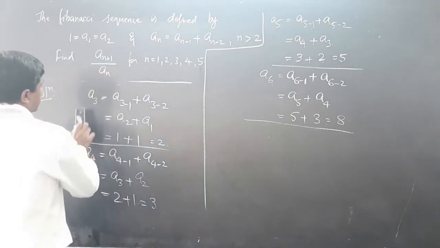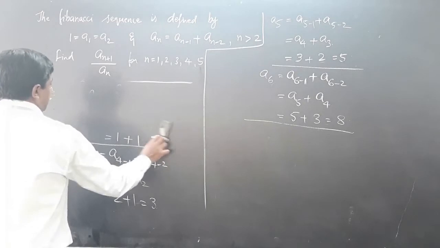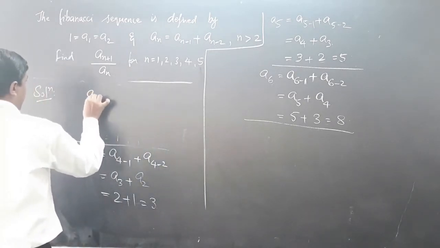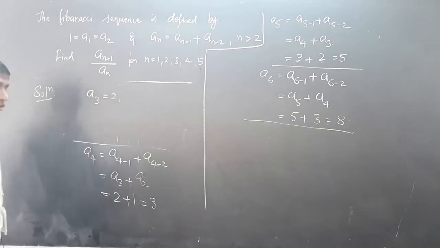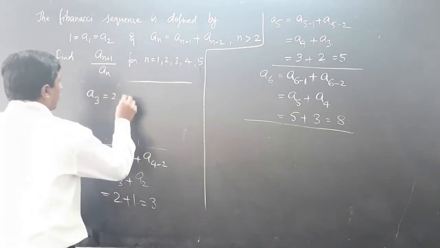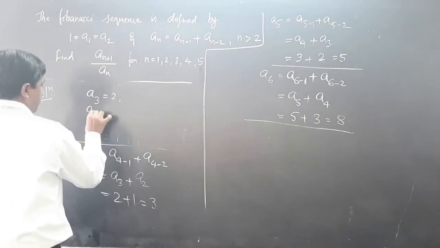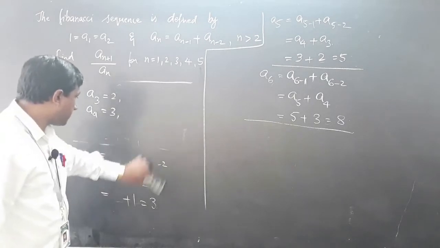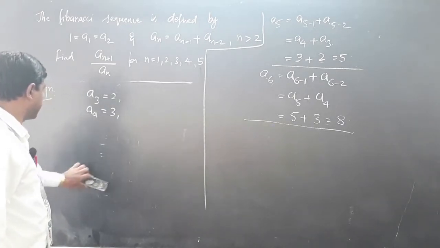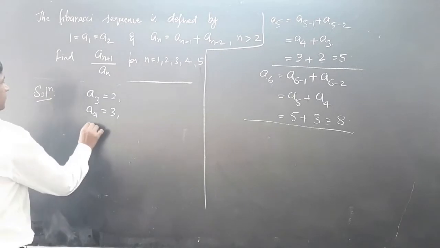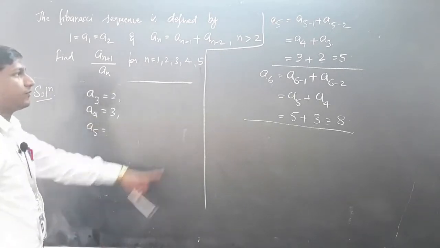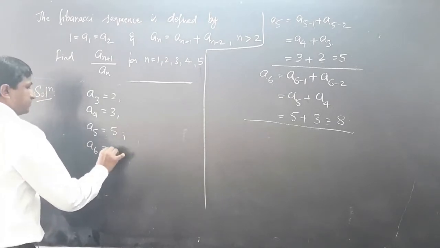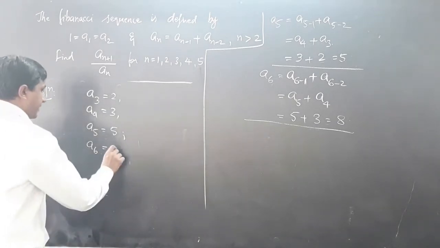I will write these terms here: A3 is 2, A4 is 3, A5 is 5, and A6 is 8.